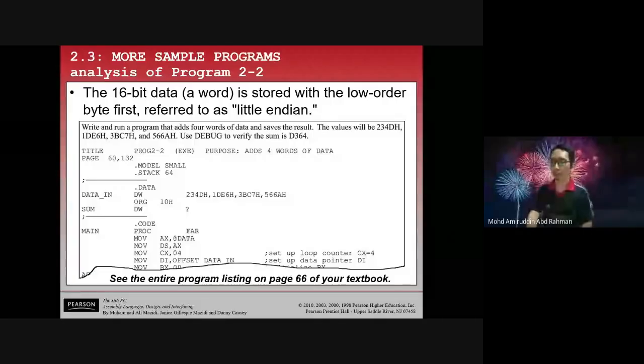As usual, we have the title defined, and then we have the page defined. This is standard. Model, stack, comment are standardly defined, and data. This is what we need to look at.